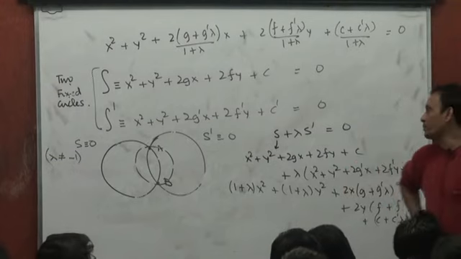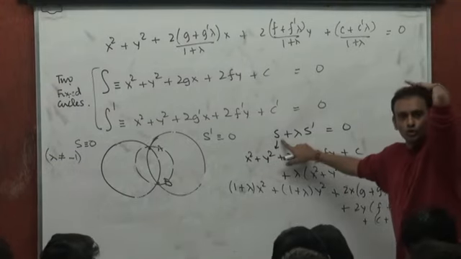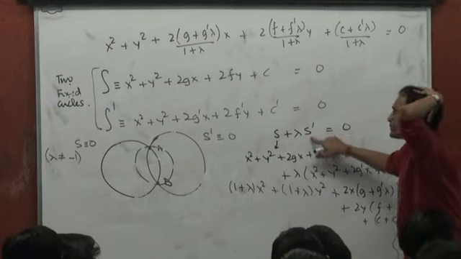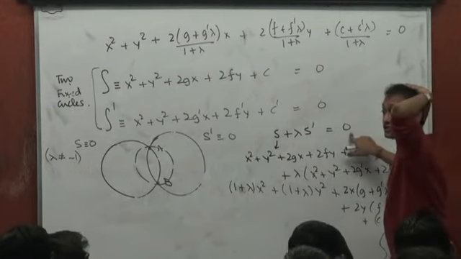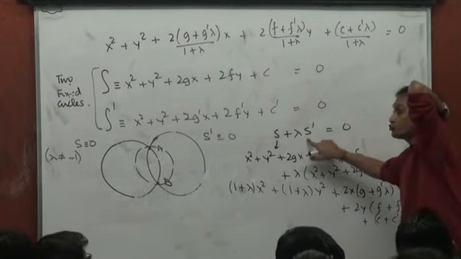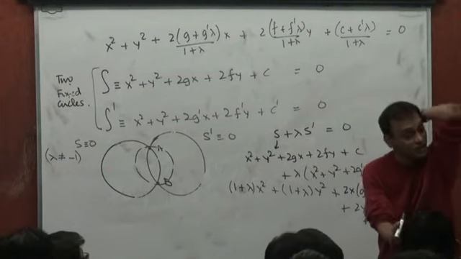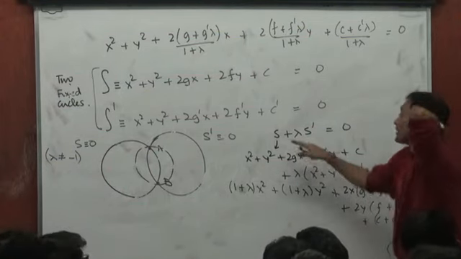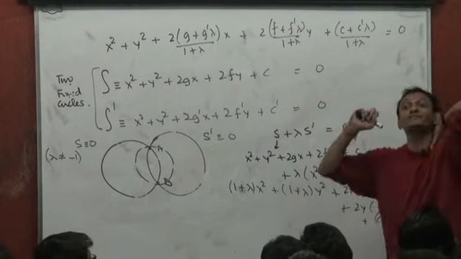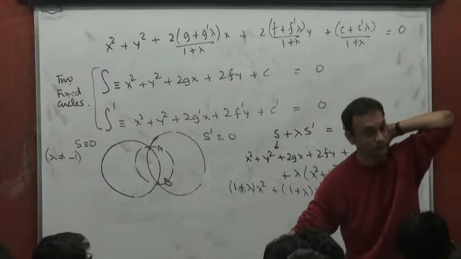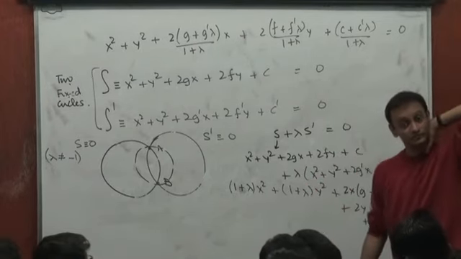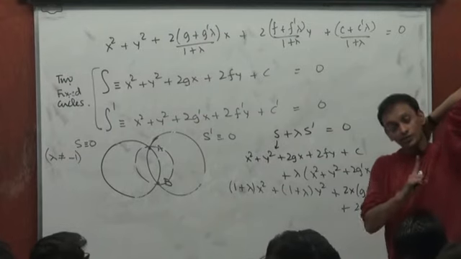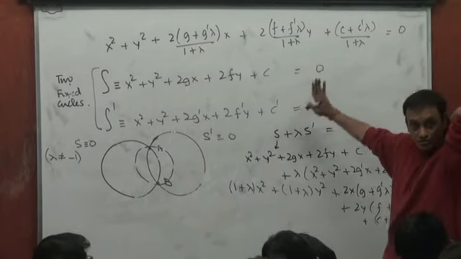So then conclusion number 1. If S equal to 0 is a fixed circle and S prime equal to 0 is another circle, then a linear combination of two circles would still be a circle. So S plus lambda S prime equal to 0 will always represent a circle. Clear? That's conclusion number 1. Easy to see.